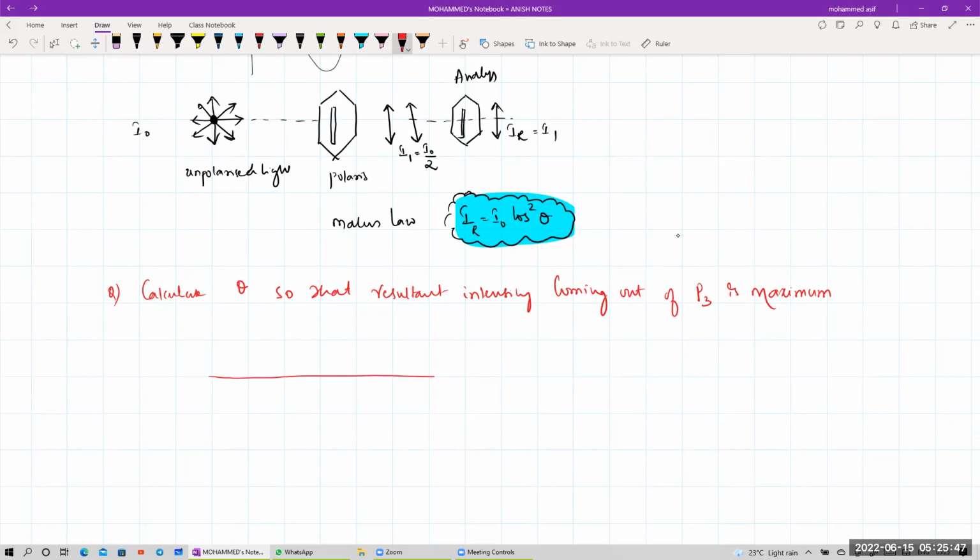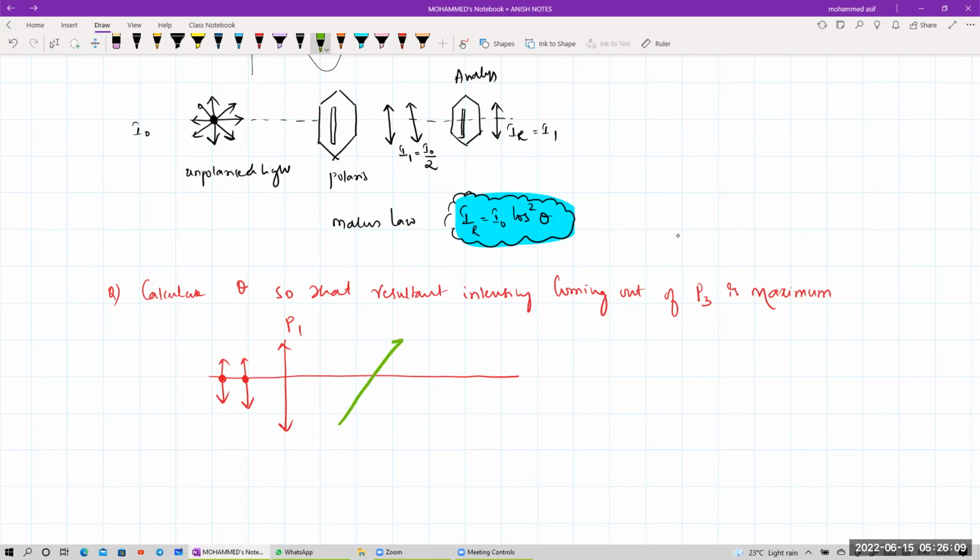This is your light, and here unpolarized light is incident. Dot and arrow mark. This is called unpolarized light. It is made to pass through a polarizer, that one is P1. And there is another polarizer like this.